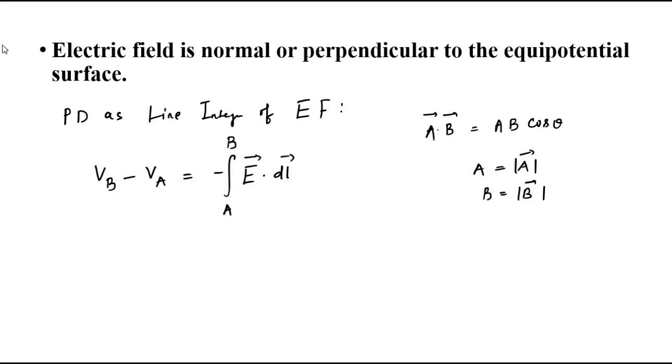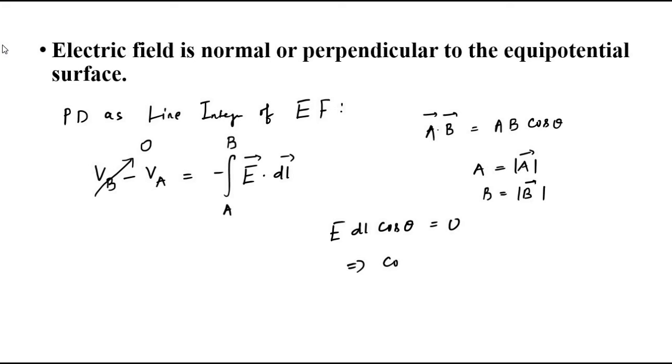Now here again, on the equipotential surface, VB and VA are the same. VB is equal to VA, so this means it will be 0. So as this is 0, it means E dl cos theta is equal to 0.